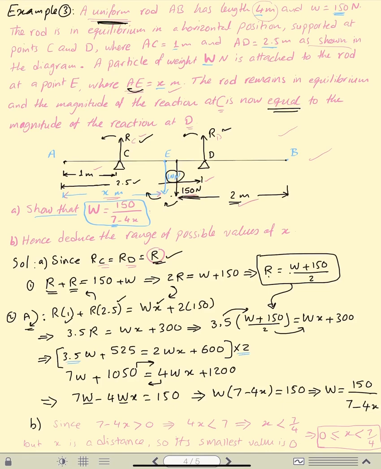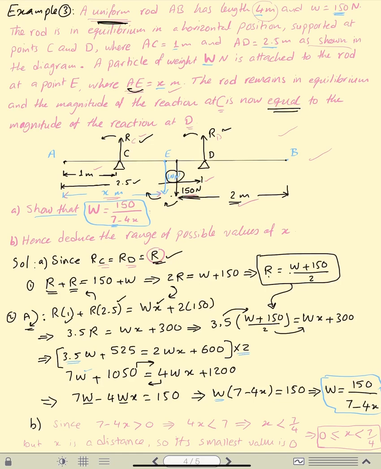2 times 3.5 is 7W plus 1050, 4W plus 2200. We have W on both sides. So you collect the terms of W, then you put W as a common factor, then divide by this, and you will get the result, what he wants.